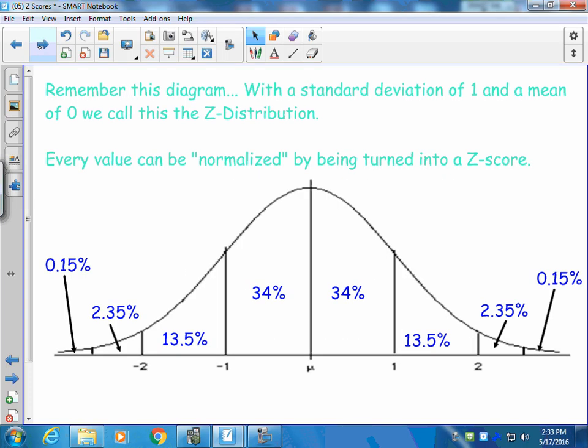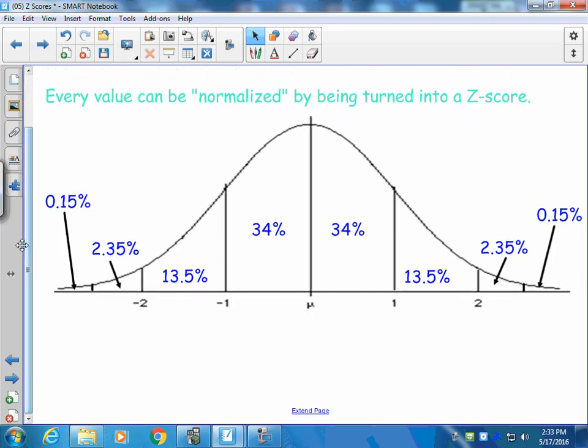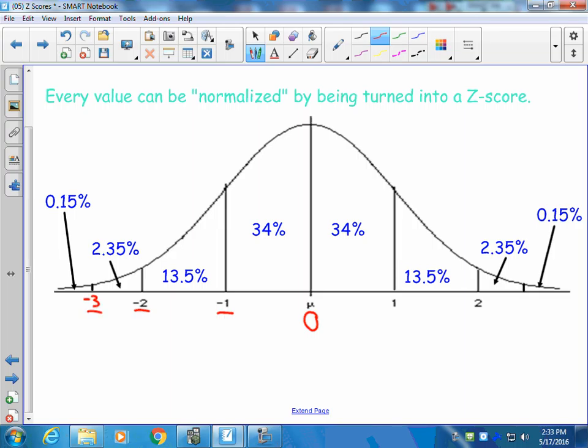Now, if you remember from the last lesson on the normal distribution and what we call the empirical rule, we know that with a normal distribution, we consider it to be centered at 0, and then we use our standard deviation of 1 as a counting tool. So we have 1 unit below average, 2 standard deviations below average, 3 standard deviations below average, and we have that tool and we use our empirical rule.